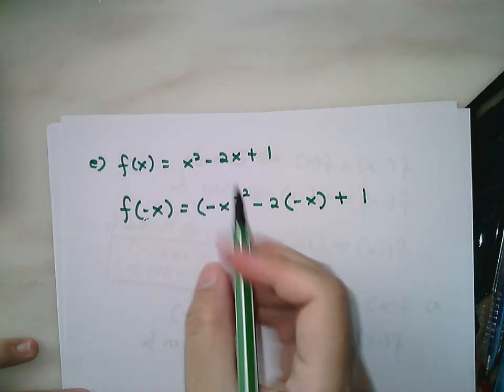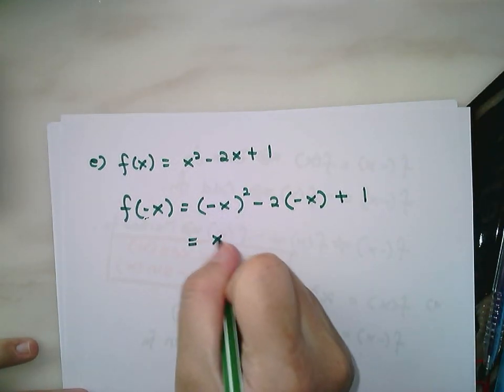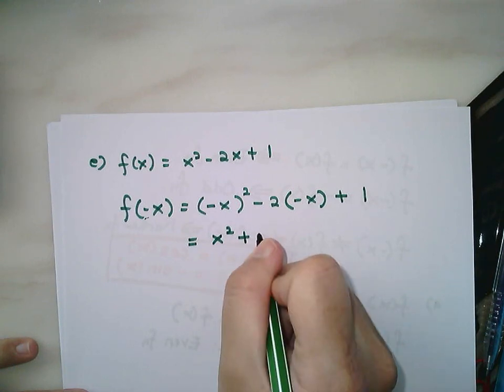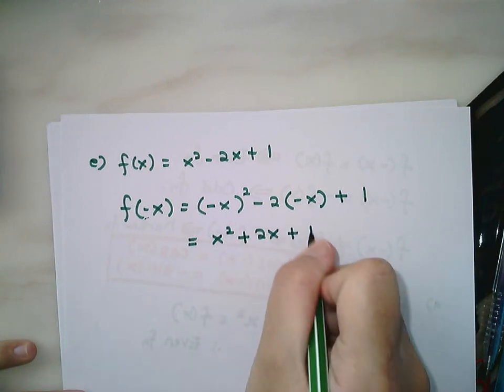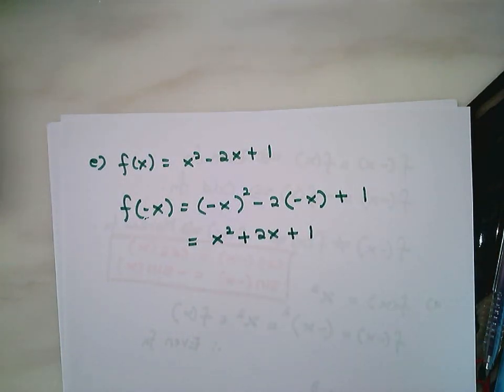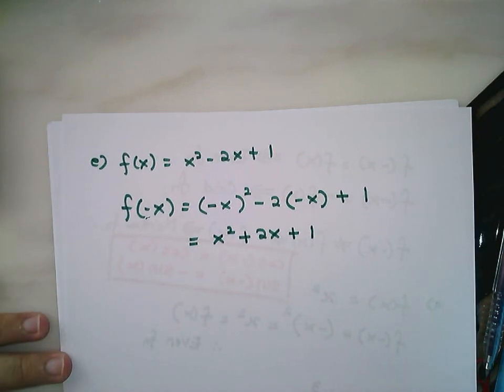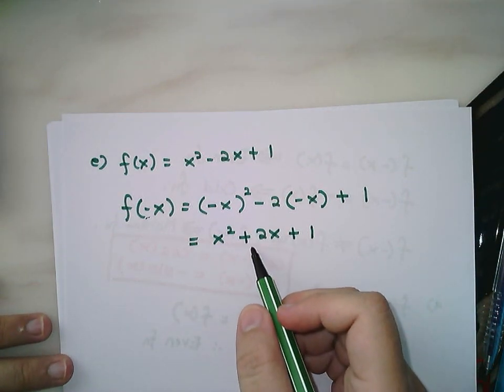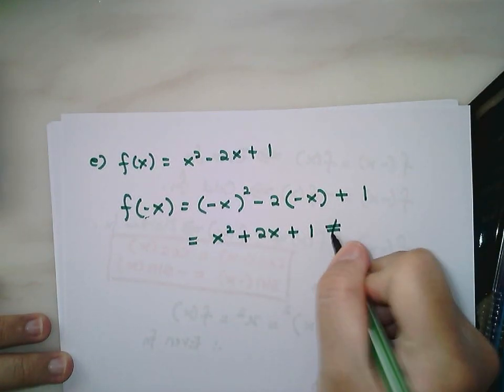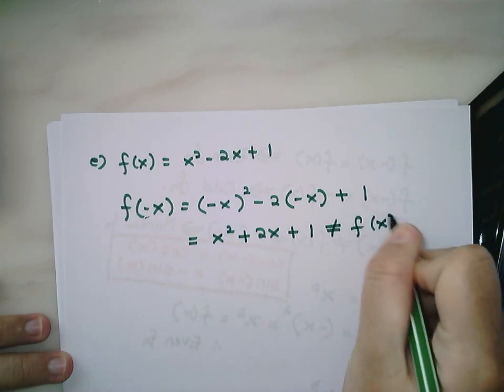So simplifying this one will give you x squared plus 2x plus 1. So now you need to conclude whether this is an odd, even, or neither function. So for sure this is not an even function because this one is not equal to f(x).